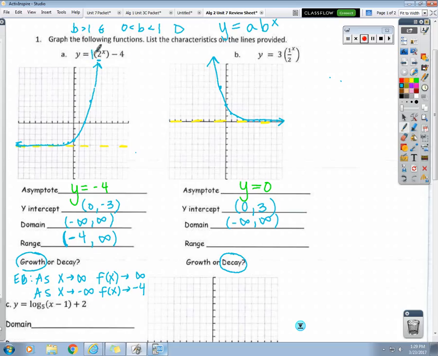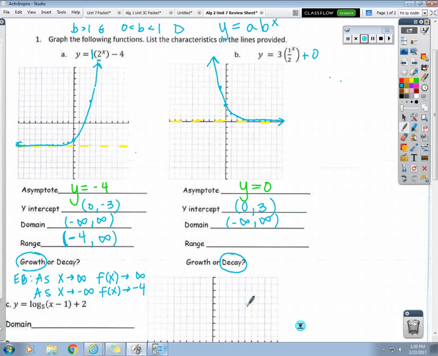There's an understood 1 sitting in the a place, and then 2 is the b. So this a is your start value. So it would have started at +1. But then that -4 caused everything to shift down 4 units, which is why the y-intercept ended up at -3. So over here, the a value is 3, so it starts at 3. And then there was no shift, so that's why it's still at 3 when you do the y-intercept.